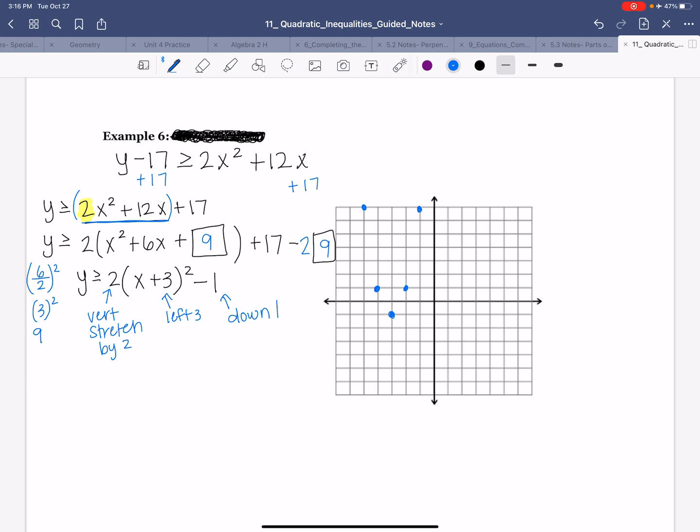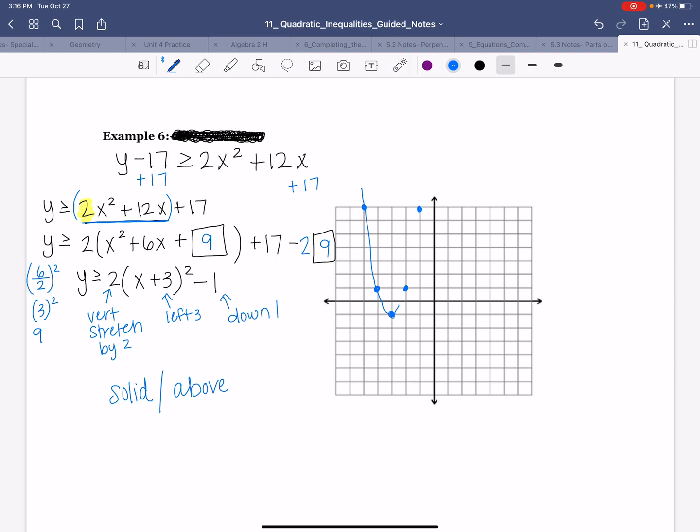Now we need to ask ourselves, is this going to be dashed or solid? This one is solid because it is greater than or equal to, and since it's greater than, we're going to shade above. In this case, above is going to look like the inside of the parabola. So we're going to connect this with a solid line.